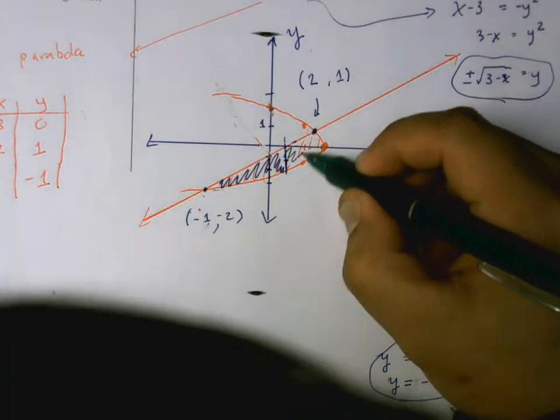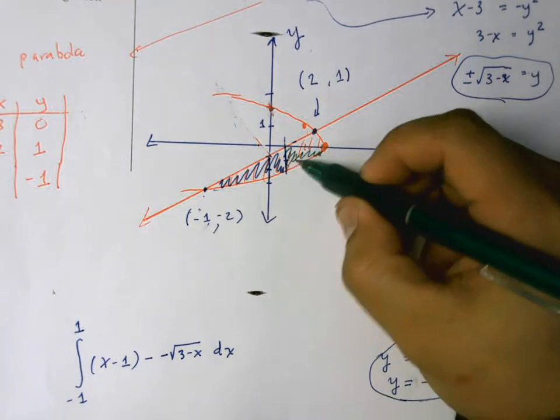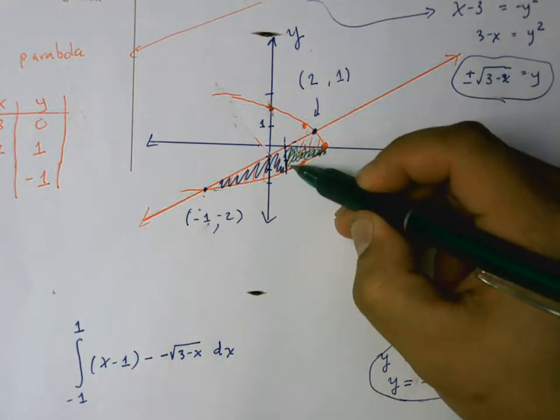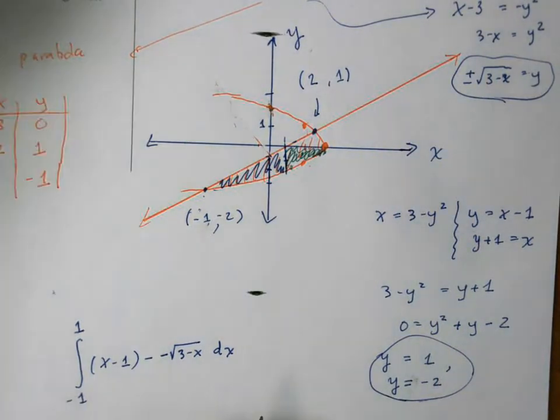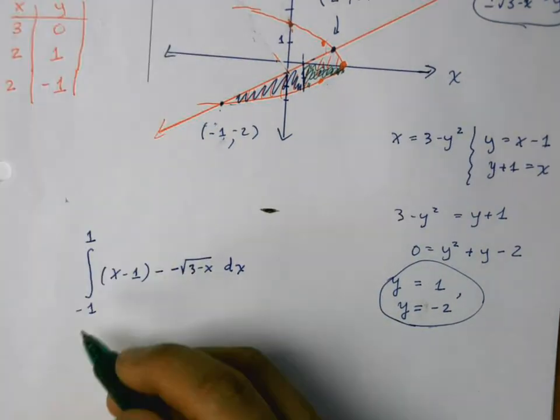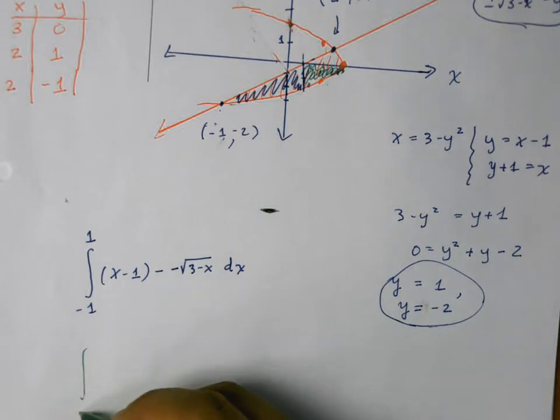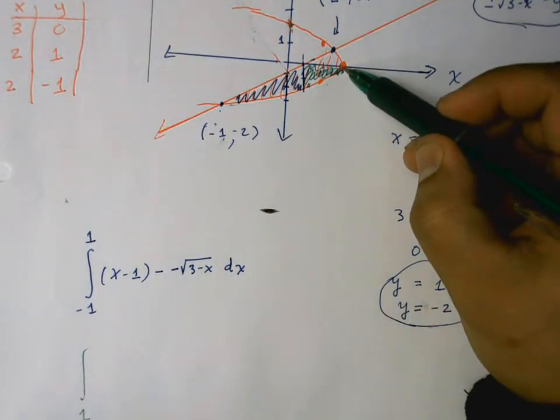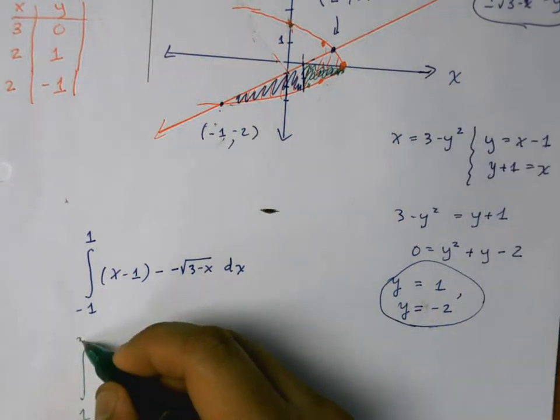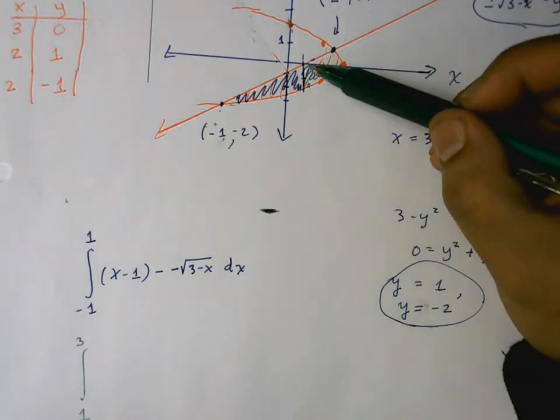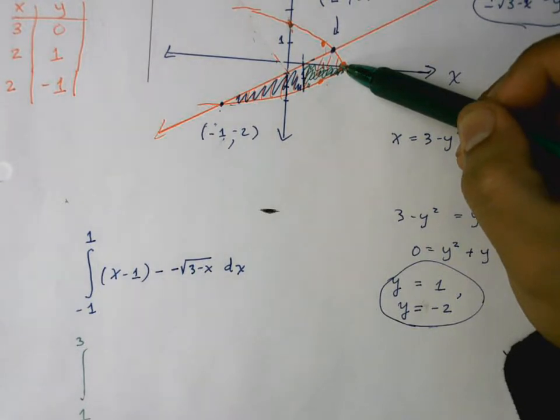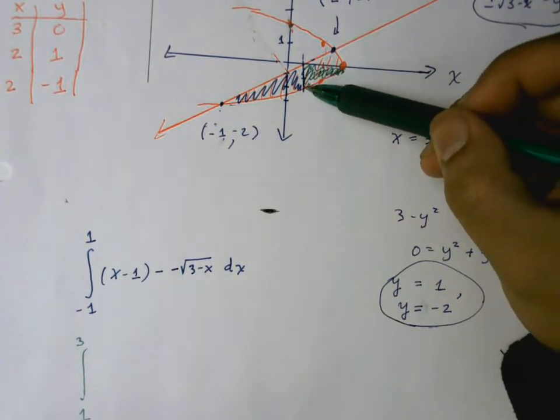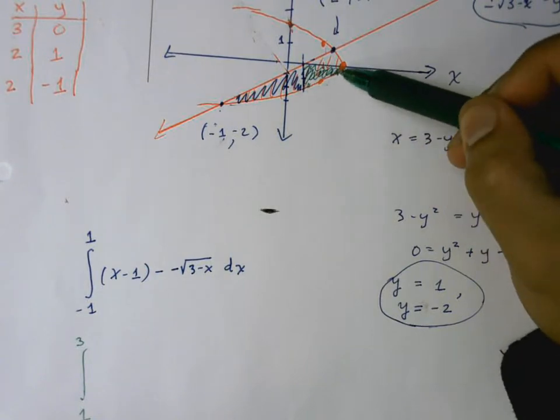This green area is the integral from 1 to this point right here, which is 3, of the x-axis as the top function, and then the lower function here is still negative root 3 minus x.